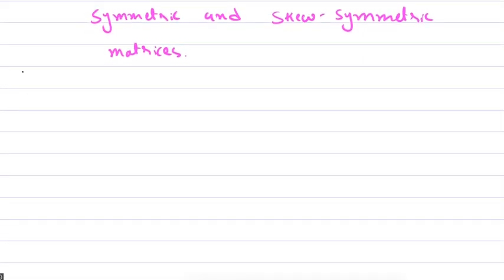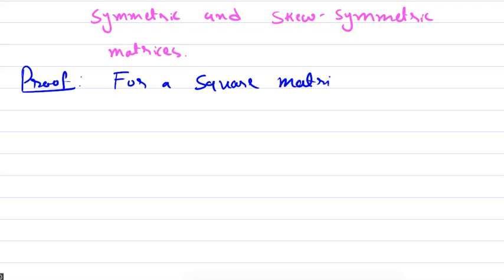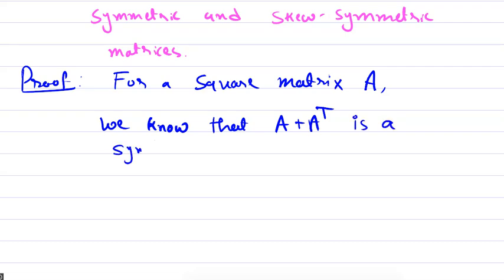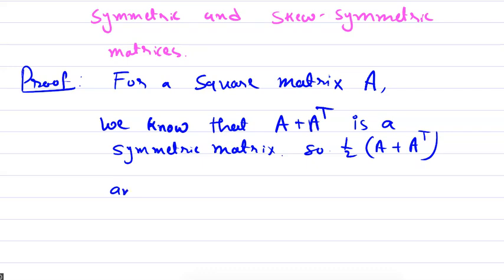So for the proof part, for a square matrix A, we know that A plus A transpose is a symmetric matrix, so half of A plus A transpose is also a symmetric matrix, and A minus A transpose is a skew-symmetric matrix.